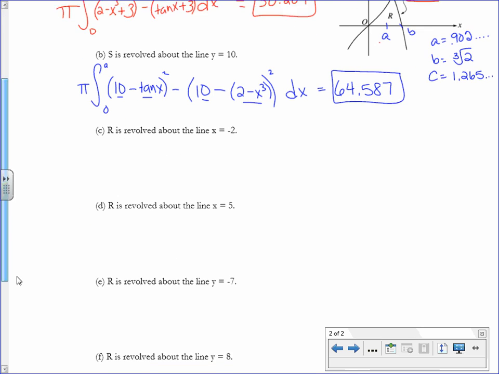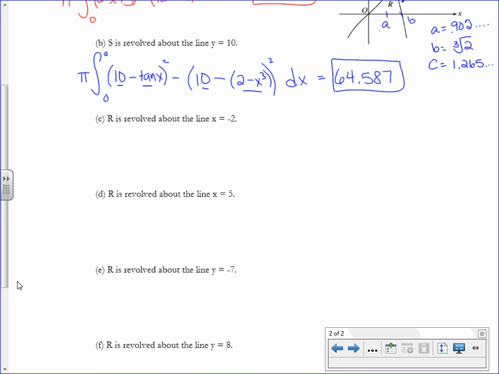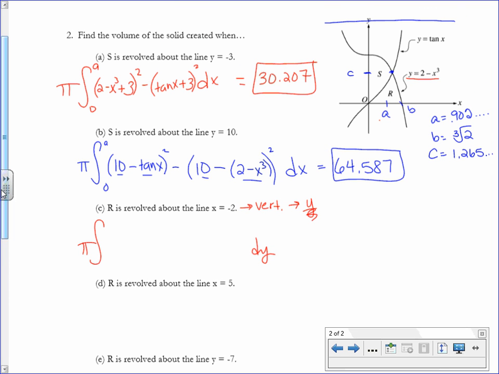Moving on. R now is revolved around x equals negative 2. X equals negative 2 is a vertical line. That means we're in terms of y. So for R, I need to make sure I'm in terms of y. If I come back up and think about R, R is right here.